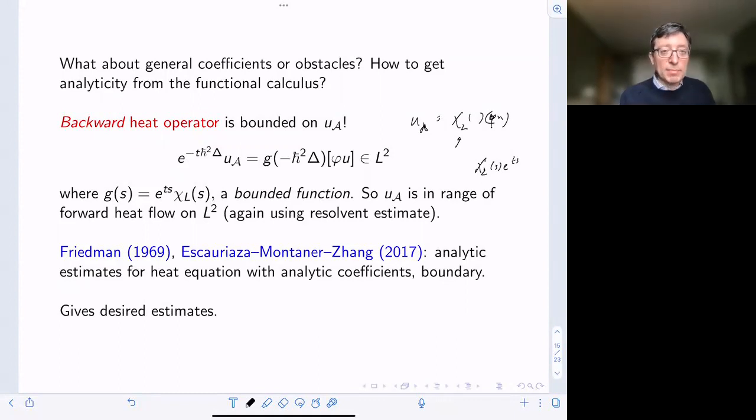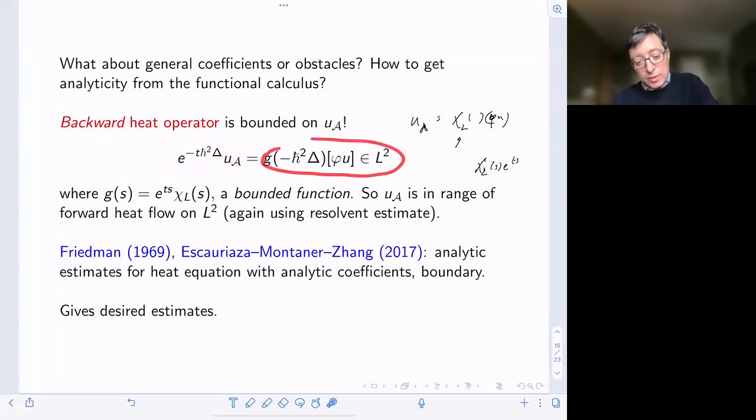For every t, that's a bounded function of S. And so if I take that function of the operator, it's a bounded operator on L2. So that says that I can apply this operator to u_A, and I still get something that's L2 bounded, just because the exponential function is bounded on chi_L.